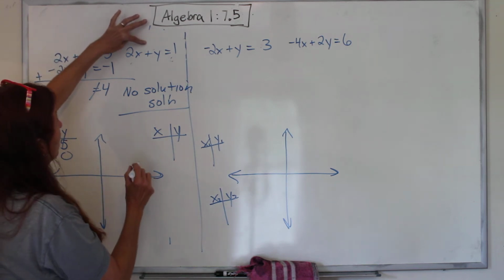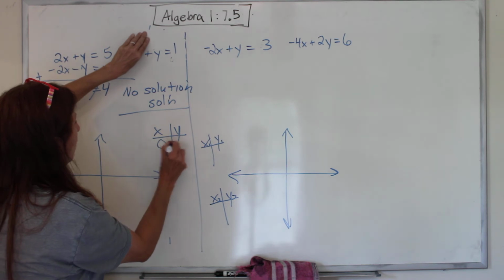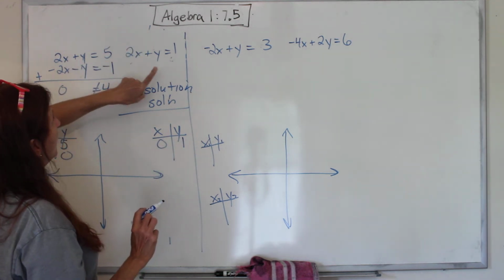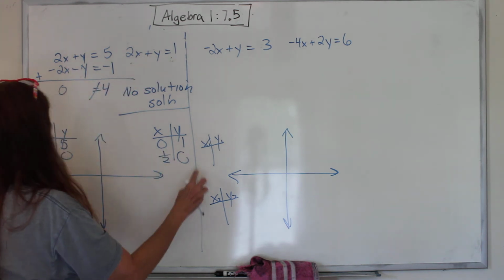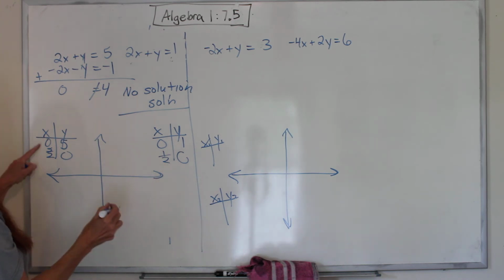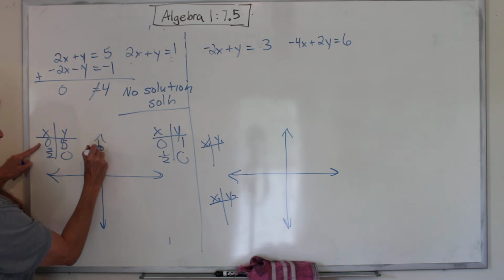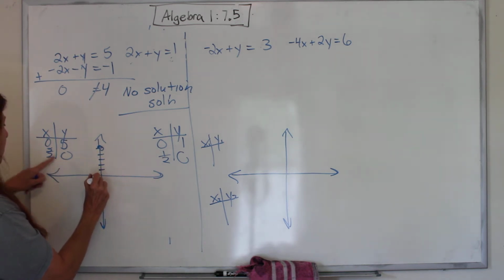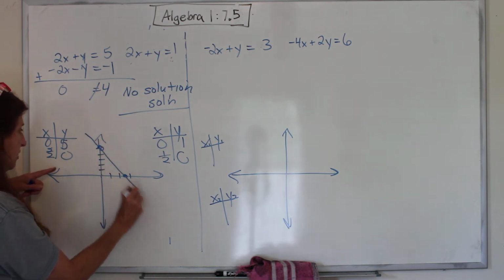And over here, if x is 0, y is 1, if y is 0, x is 1/2. So they're different. If x is 0, y is 5, 1, 2, 3, 4, 5. If y is 0, x is 5 halves, that's 2.5. We'll put a dot right there.